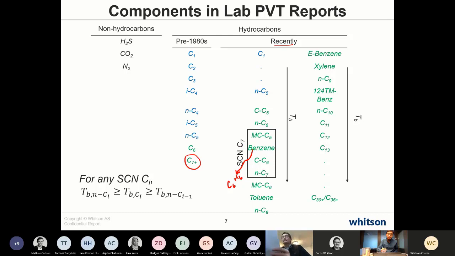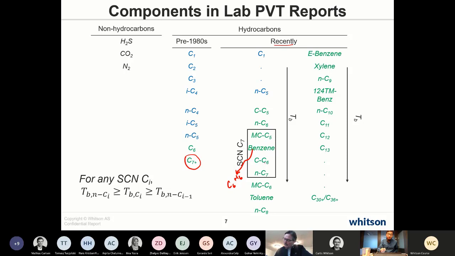By definition, a single carbon number component consists of all the pure compounds that boil off between the boiling point of the normal paraffin of that component and the previous one. So, for example, all the components that boil off between normal C7 and normal C6, and normal C6 is not part of the C7. So everything that boils off higher than the boiling point of the normal C6 until normal C7 is part of the single carbon number C7.